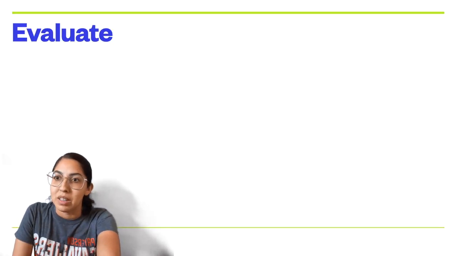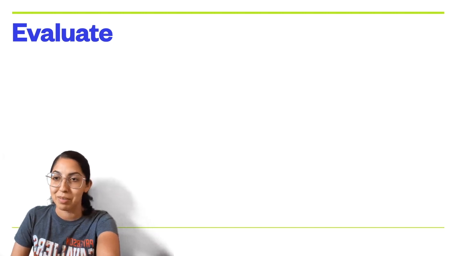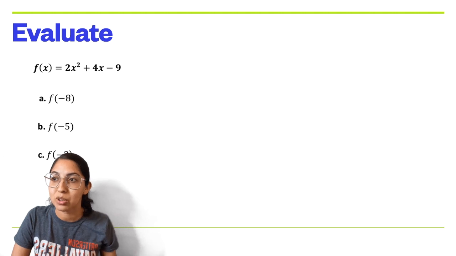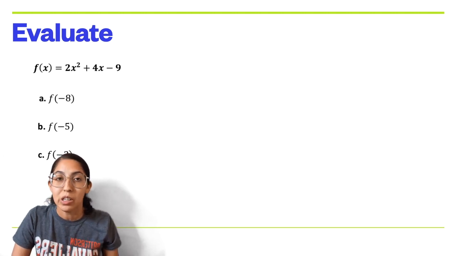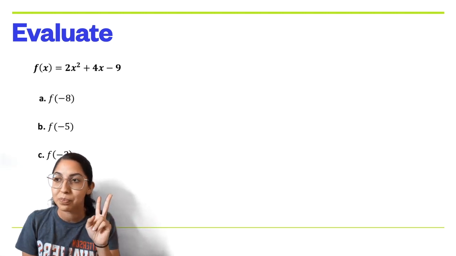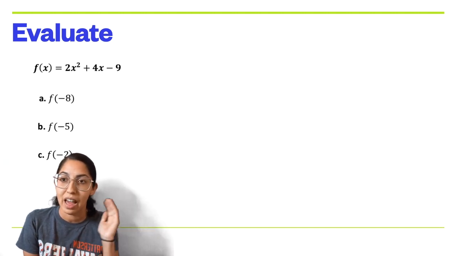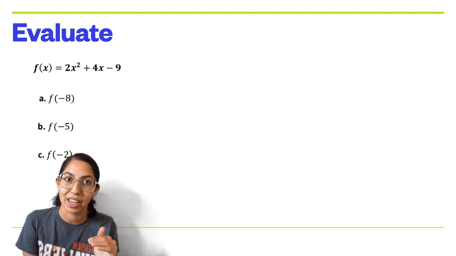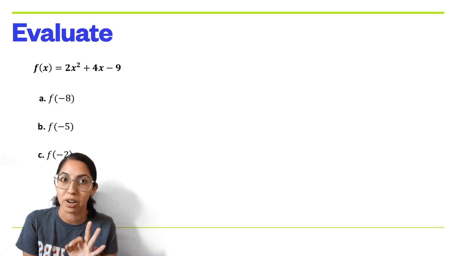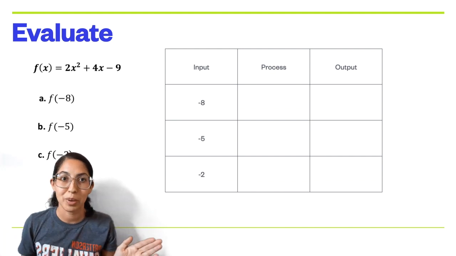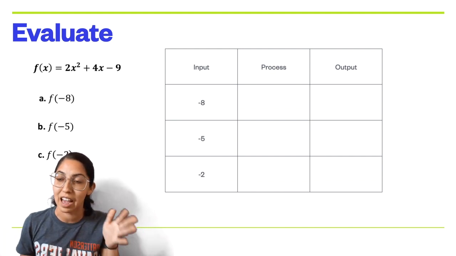Now what happens if we have a quadratic, which is f of x equals 2x squared plus 4x minus 9. Notice we have two x's, and we want to evaluate this function at f of negative 8, f of negative 5, and f of negative 2. Essentially we want three coordinate points, so we are going to make our table with input, process, output.